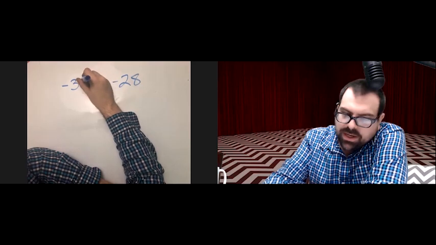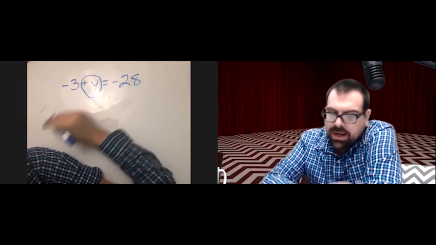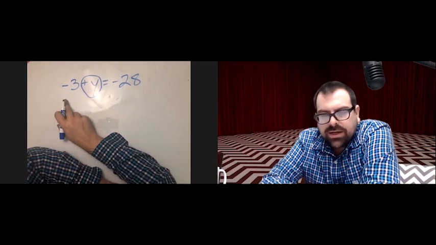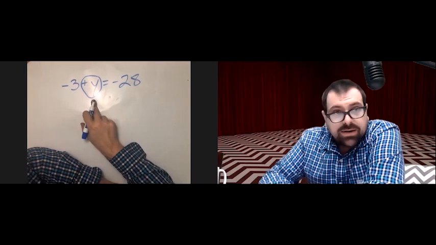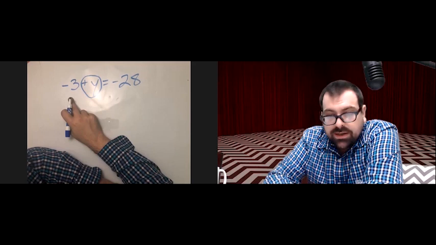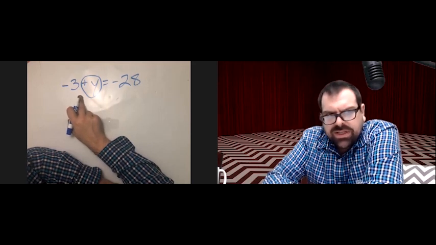We want to get this plus y by itself. How do we undo -3? It's not being multiplied, so we wouldn't divide. This -3, is it being added? Do we subtract -3?